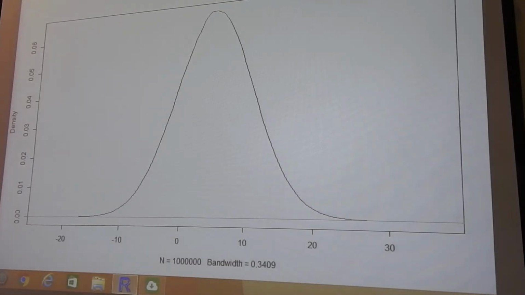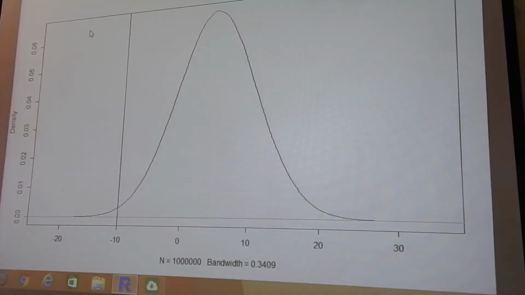I want to find out the area of the curve to the left of -10.